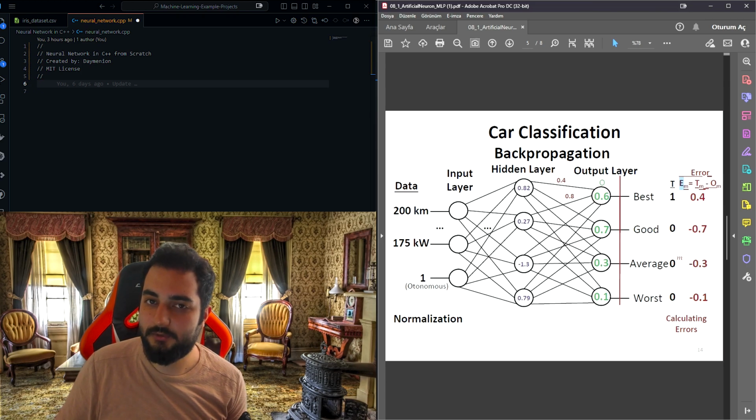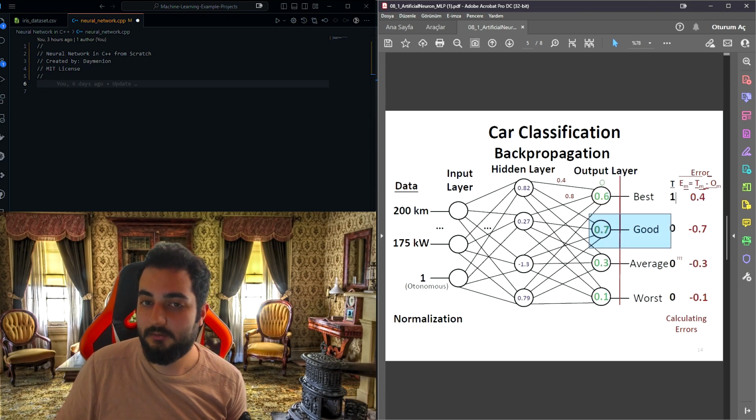So the error of the output neuron is equal to the true output of the neuron minus the output of the neuron. So in the best class, the true output should be 1, but the actual output is 0.6. So the error is 0.4.